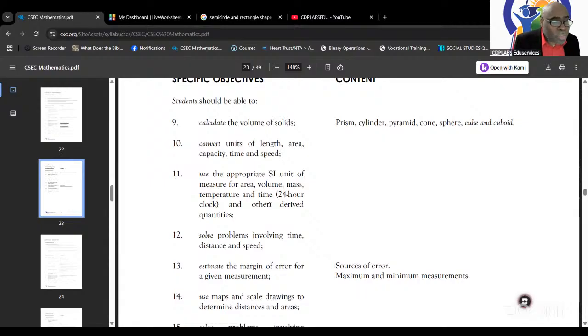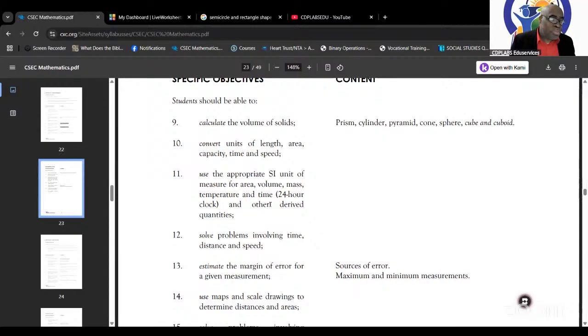So you have to know these things. Mass would be grams, kilograms. Temperature, Celsius or Fahrenheit degrees. Time, you can have seconds, hours, minutes, days, and other derived quantities.